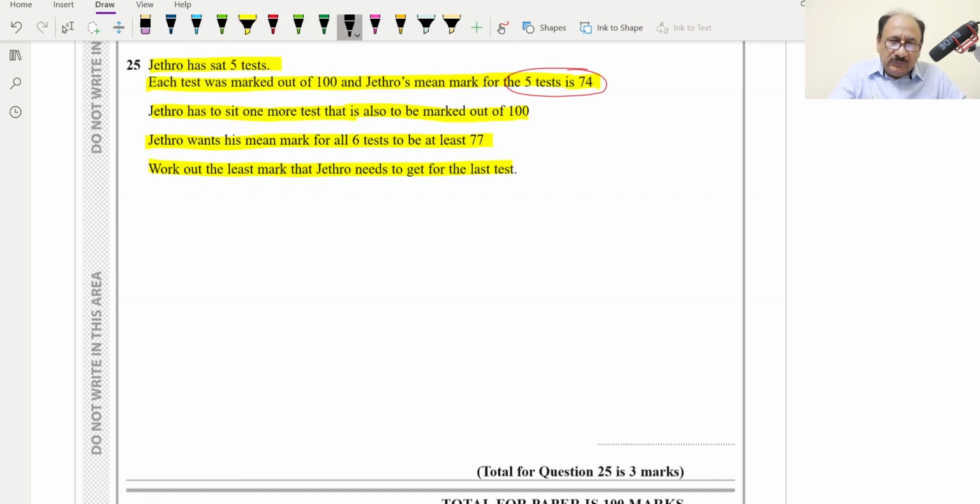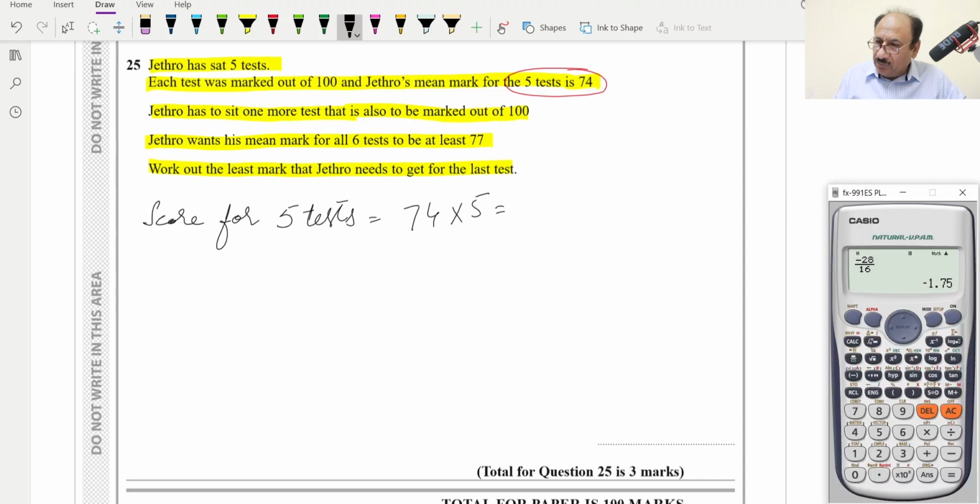So score for 5 tests will be equal to what? 74 is the mean, so 74 multiplied by 5 is equal to 370.